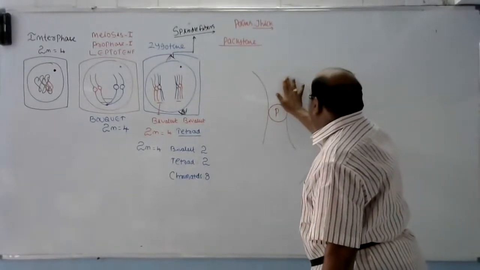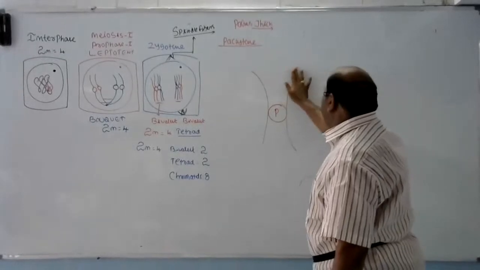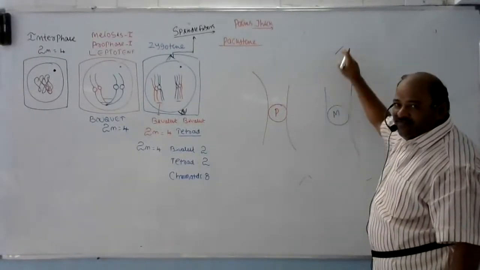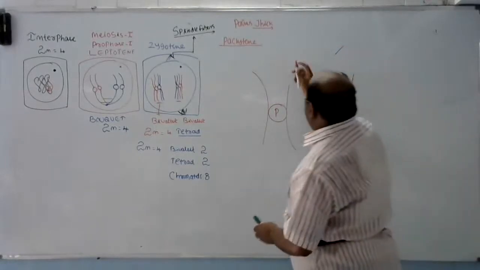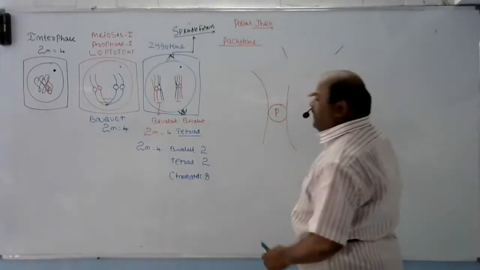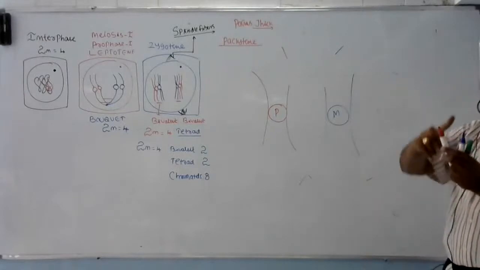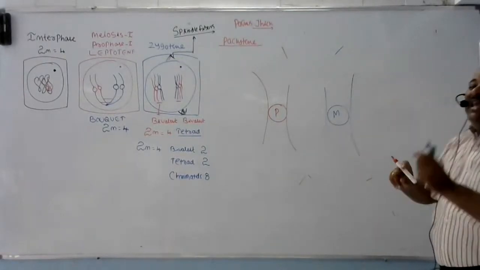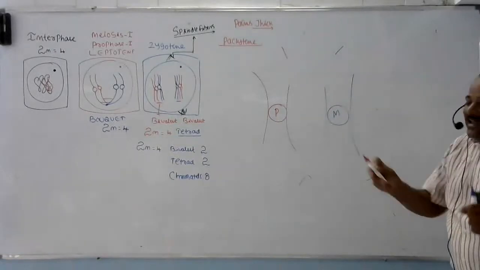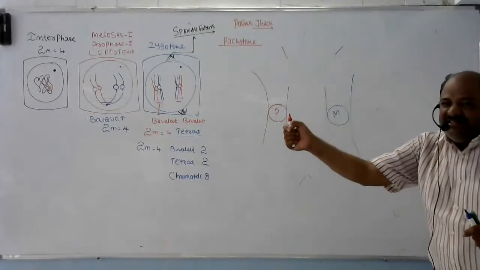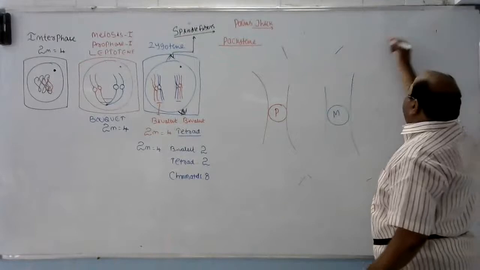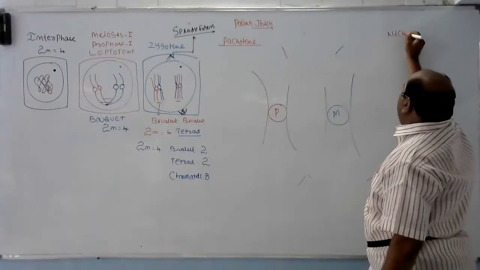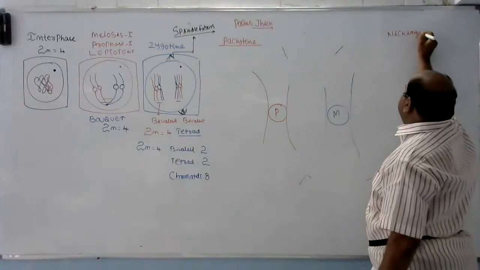A portion of the paternal chromosome is cut. This is the cut portion of this one. This is the cut portion of the paternal. Now, the chromosomal part will be cut with the help of an enzyme, a small nicking. Now, those portions will be cut. The process here is called the nicking process.